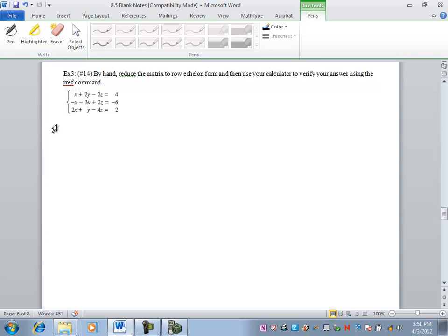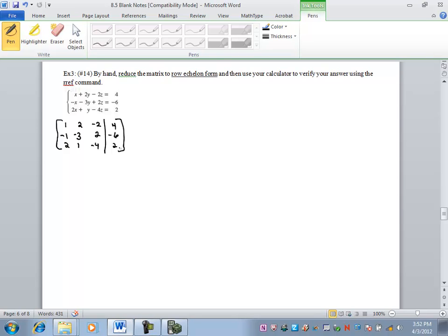Let's write, and I need to get my pen going again here. Let's write our augmented matrix. The coefficients here are 1, 2, negative 2, here's my bar, 4, negative 1, negative 3, 2, negative 6, and then 2, 1, negative 4, and 2.